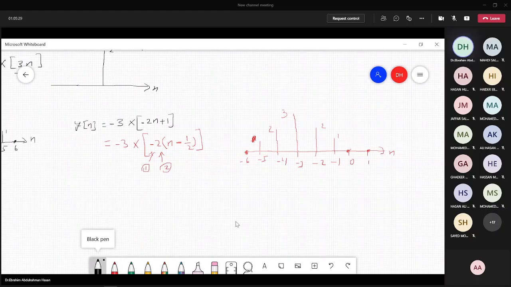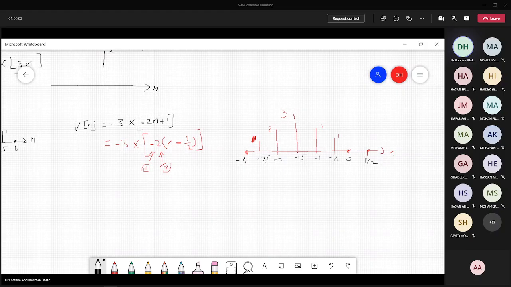Okay, this will be at 0. So we shrink this one. Before it was at 1, now it becomes at half. This one becomes at minus half. This is at minus 1, minus 1.5, minus 2, minus 2.5, and this is minus 3.